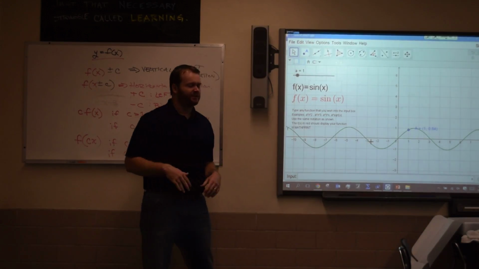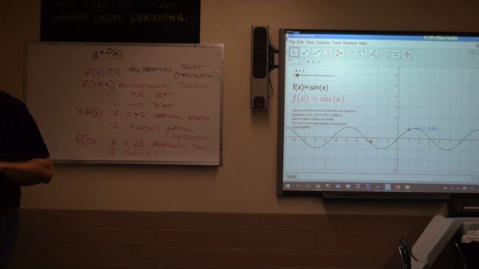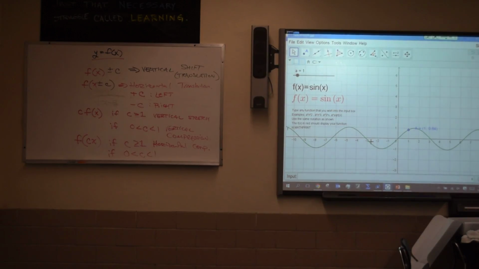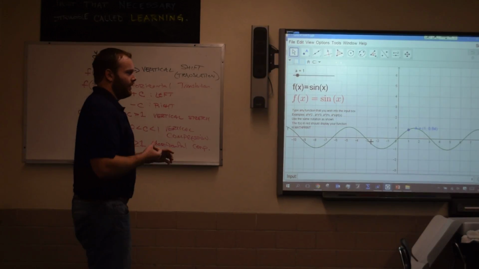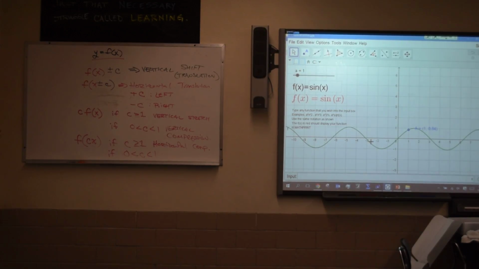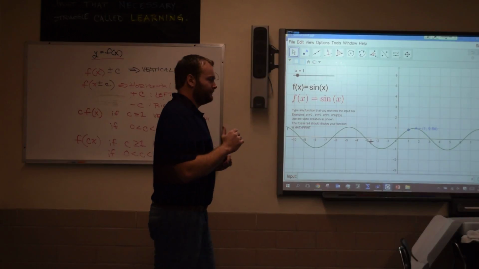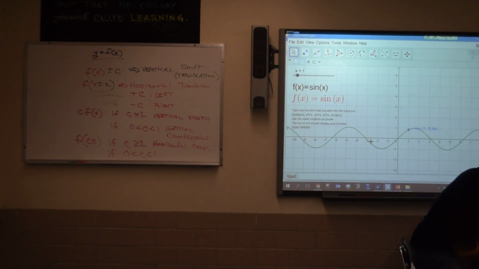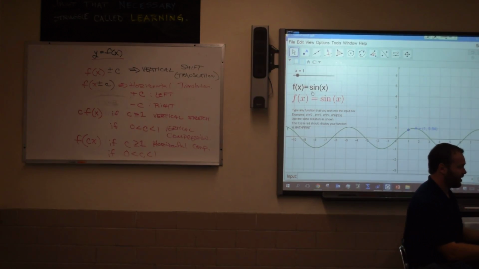But if you're in physics, maybe you've talked about sound waves, light waves, radio waves. The way that your computers communicate with the Wi-Fi is through waves like that. Those are a little bit easier to see horizontal stretches and compressions in.